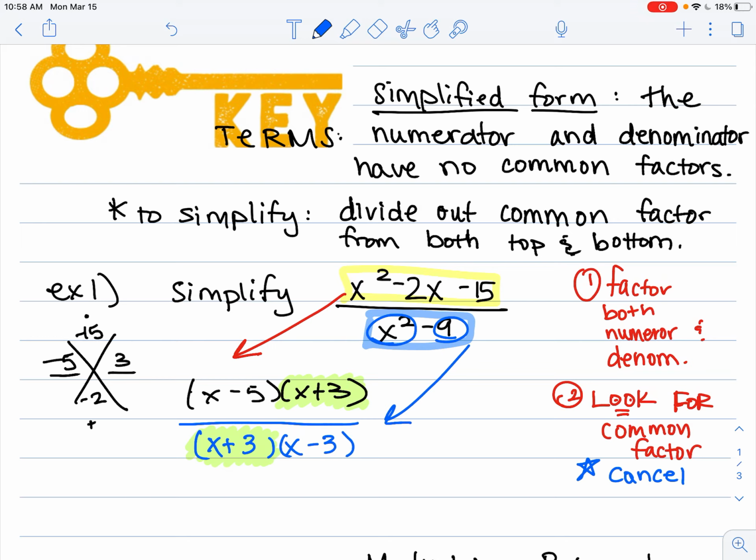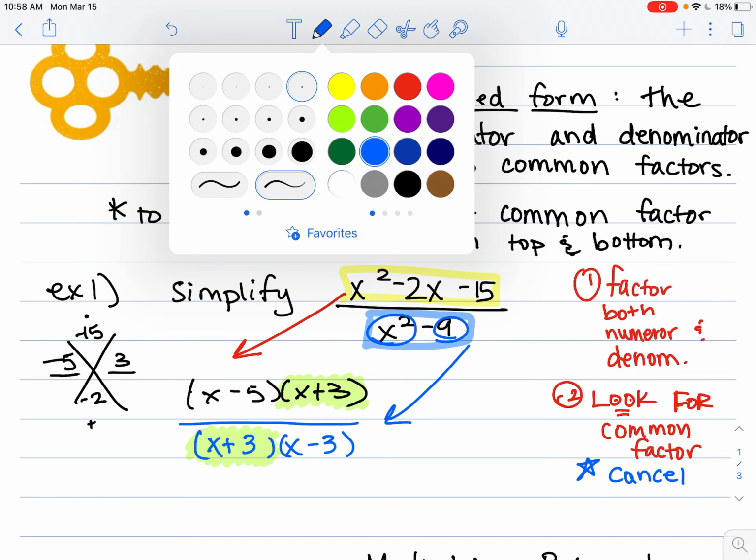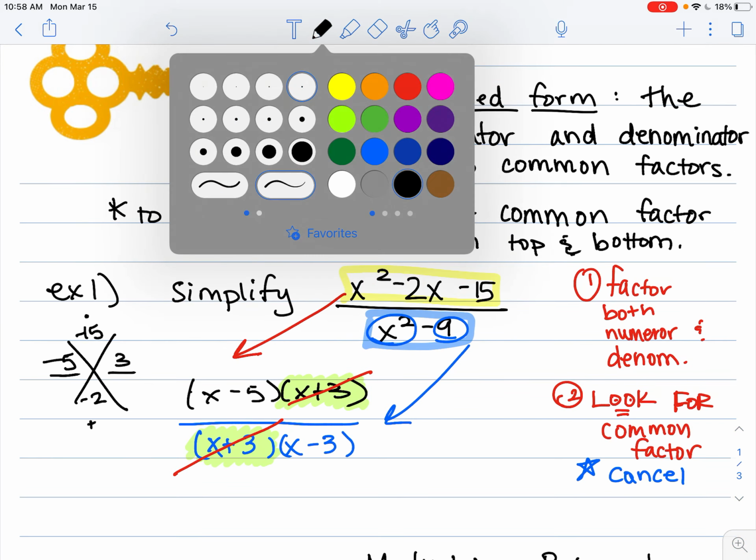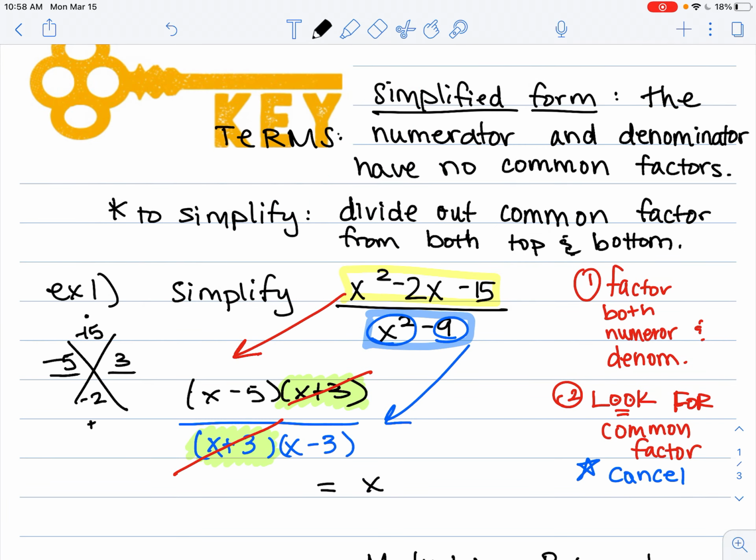Because if I have an x plus 3 being multiplied on both top and bottom, I can divide them out, or they cancel. This is the fruit ninja step, slash, slash. So they cancel each other out, and what we have left is x minus 5 over x minus 3, and that's our simplified form. The only thing you would do after this is make sure that there are no other factors, which we know there are not.